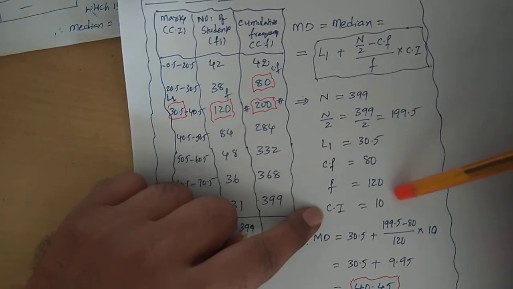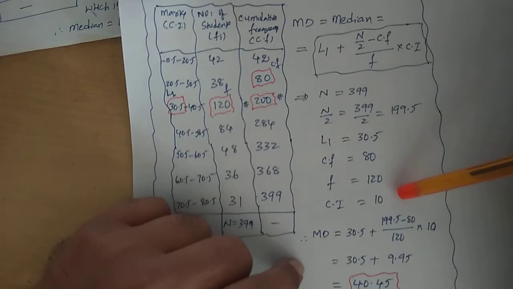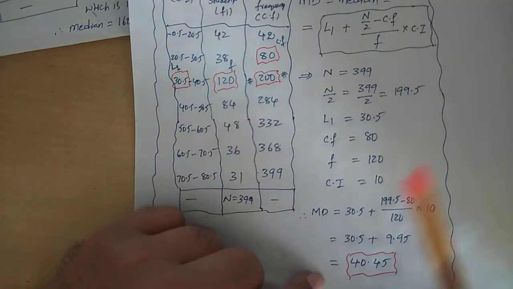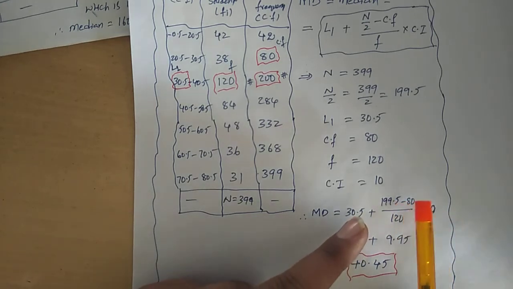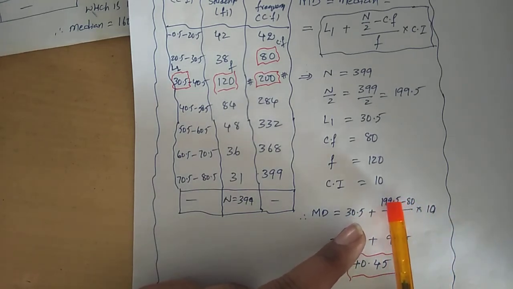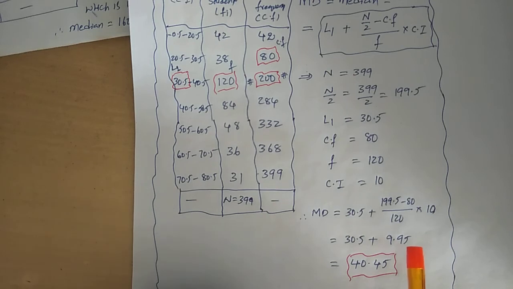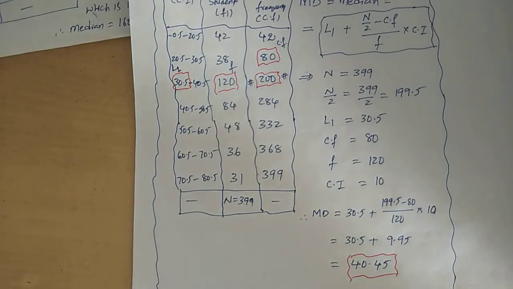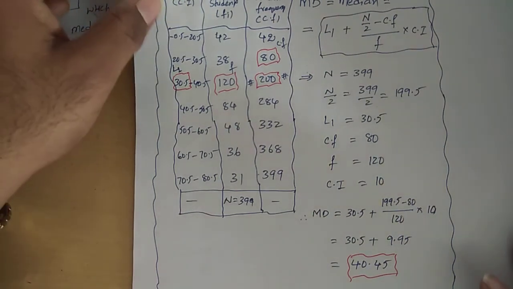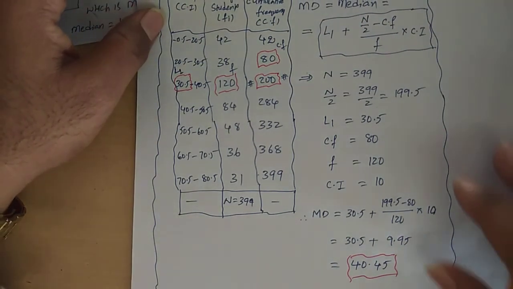So what is that? 10. Substituted, applied. In board exams, it is always better to go for the information in terms of products as well as ratios. And finally, how much did you get as the answer? 40.5. Okay. So this is how to calculate the median under a continuous series.